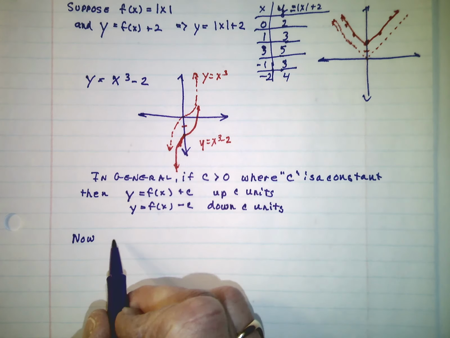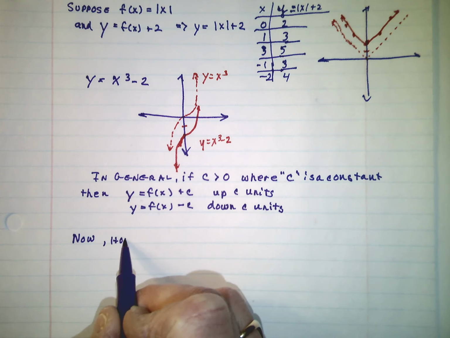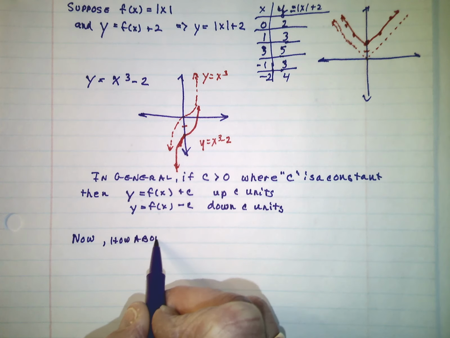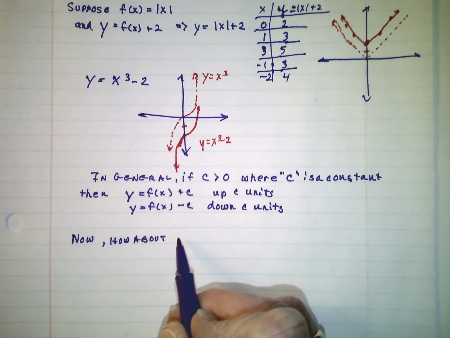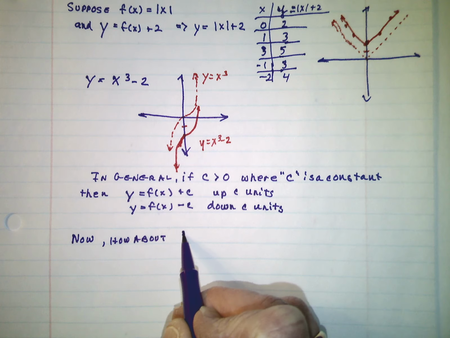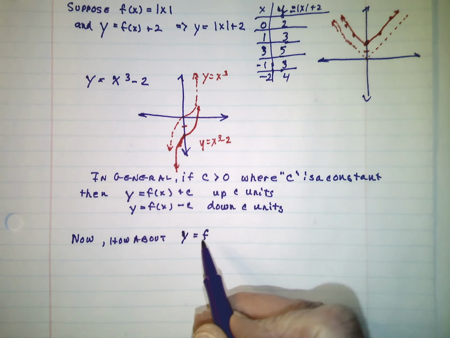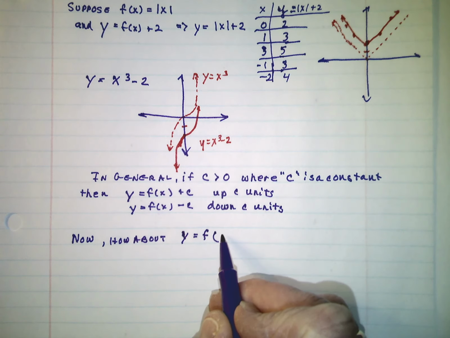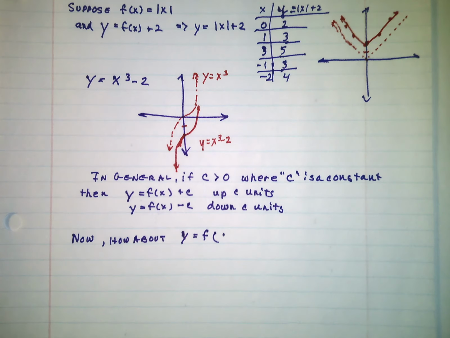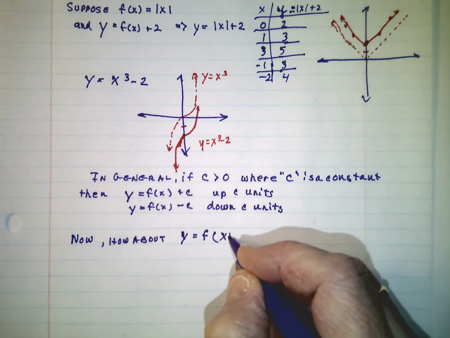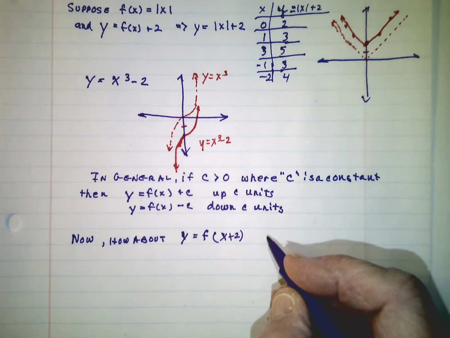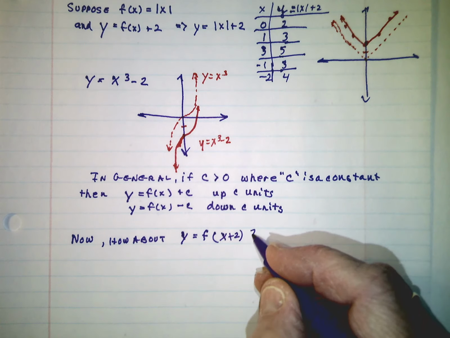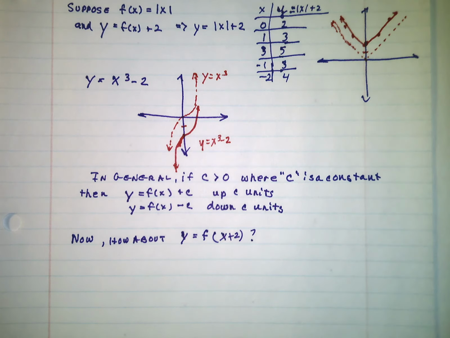So now, what's your prediction? If we change the x's, if we have y equals f of, say, x plus 2, what do you think is going to happen then?